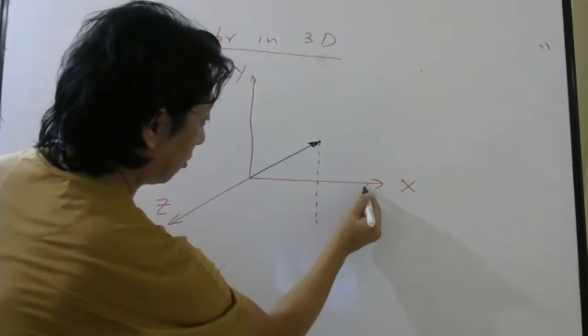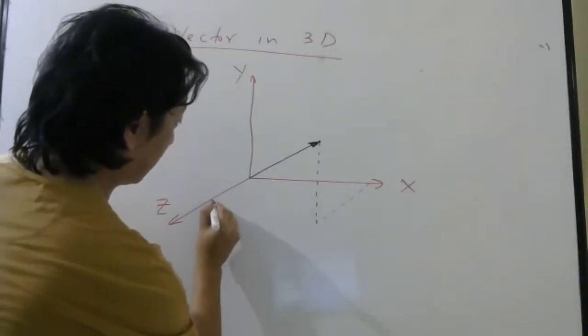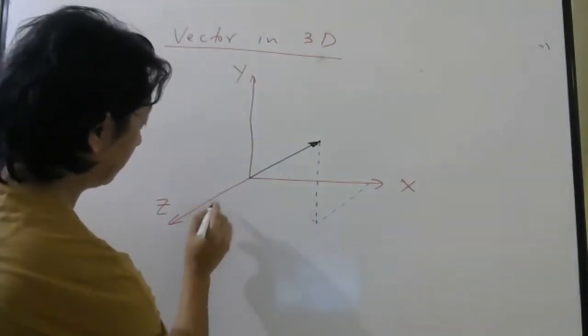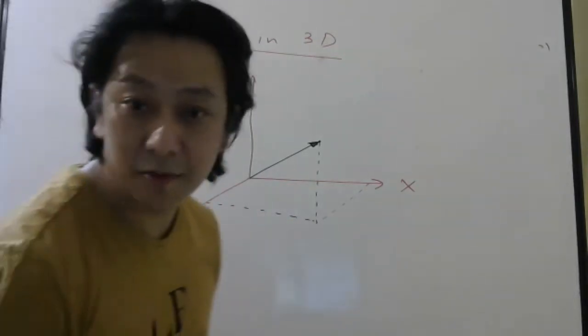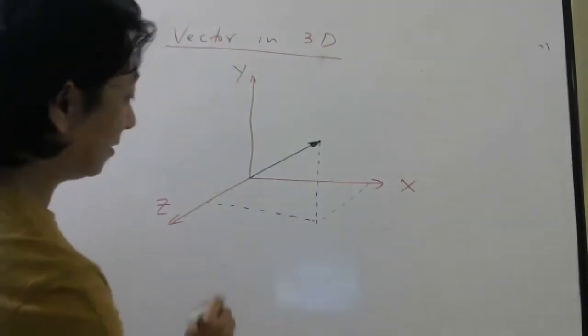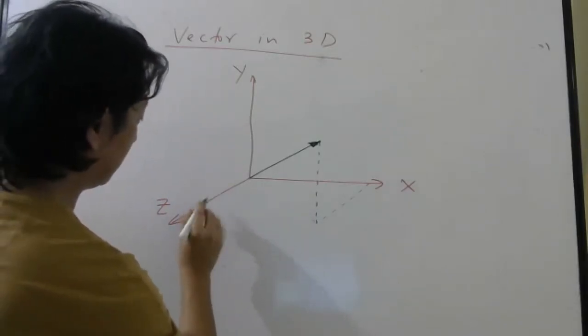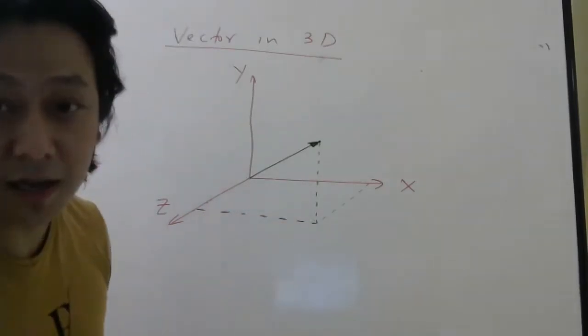Then from there, I drop a perpendicular to the x-axis. Then I drop a perpendicular to the y-axis. Let me see the diagram. Oh, not so bad actually. Now it's a little better.